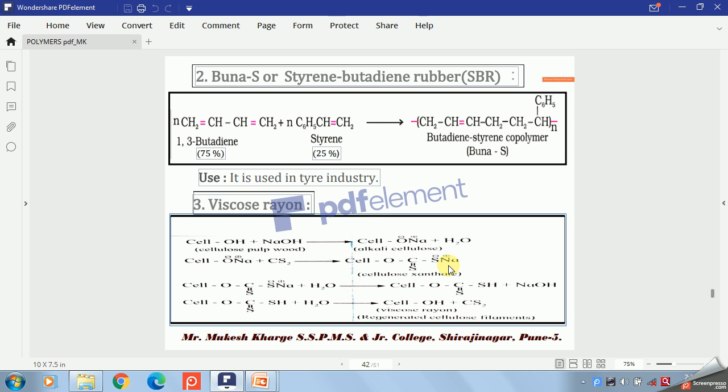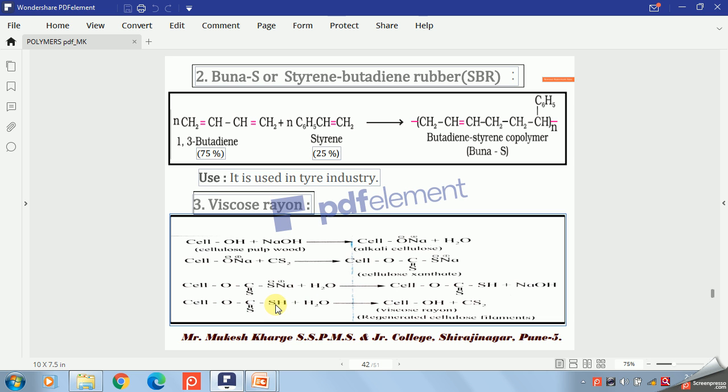Then on mixing with dilute NaOH, it gives viscose solution. Here Cell-O-C(=S)-S⁻Na⁺ reacts with water first. Na gets replaced by hydrogen, and this Na and the OH from water give NaOH. Then this compound which is obtained reacts with another molecule of water in presence of alkali.